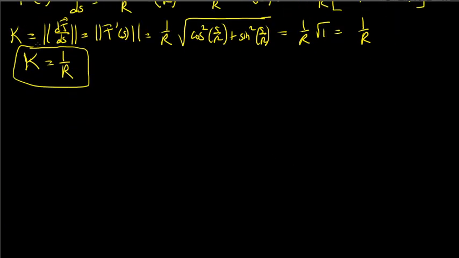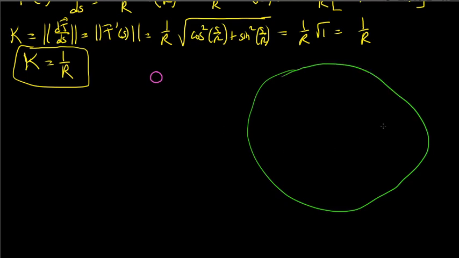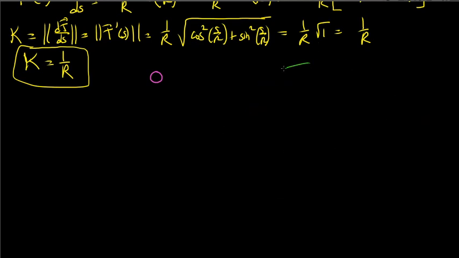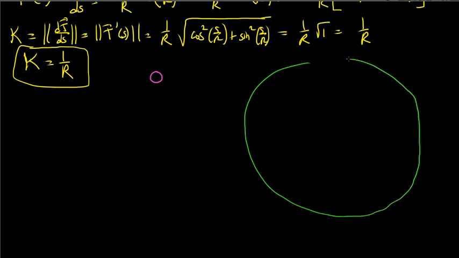Let's think of a circle with a very small radius, and then a circle with a very big radius. Not great, but it's a circle, more or less. Here you have a really tiny radius, r is very small. And here we have a very large radius, where r is very large.